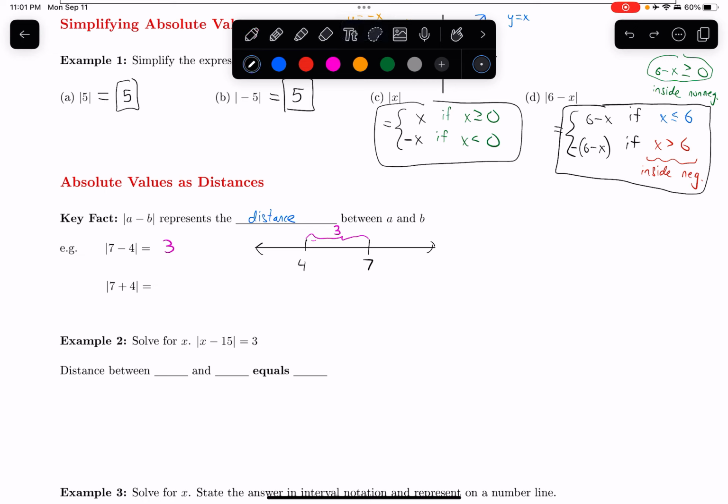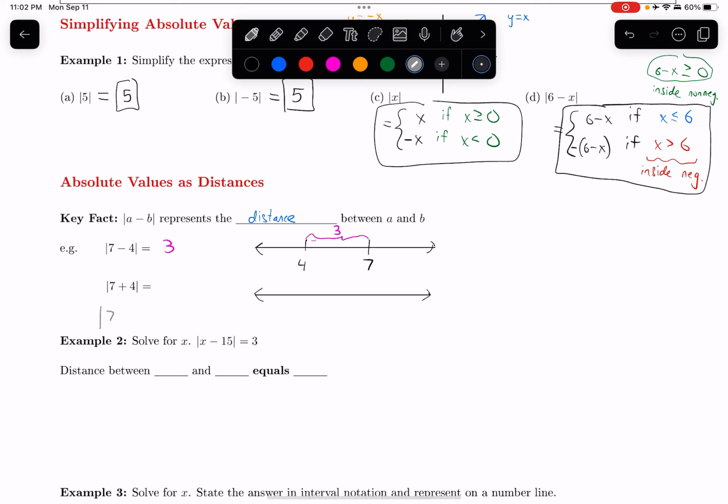Well, does the same thing work if I have a plus sign? It turns out, yeah, I just have to use some algebra to manipulate it and rewrite the expression. So with a plus sign, I can rewrite that as a minus, and I need it to be a minus for this thing to be a distance. So how do I do that?